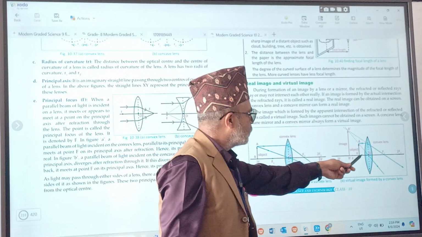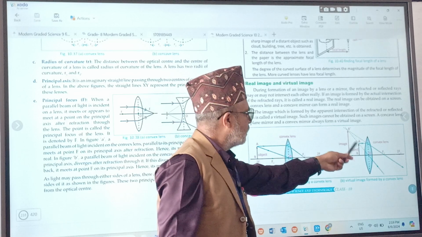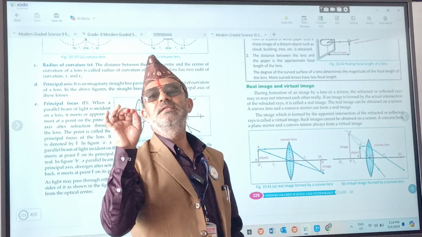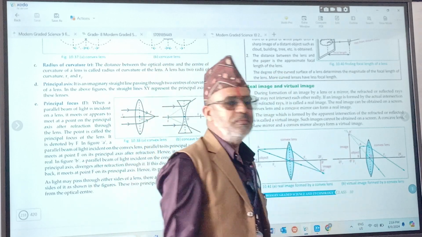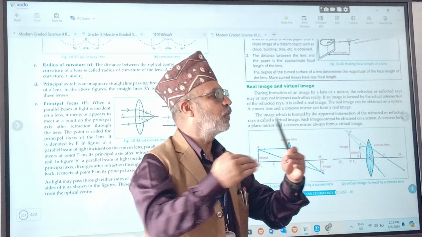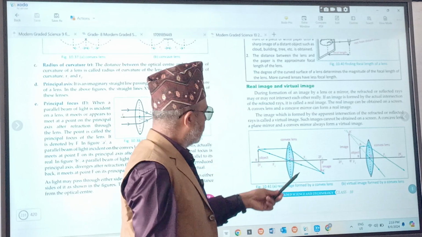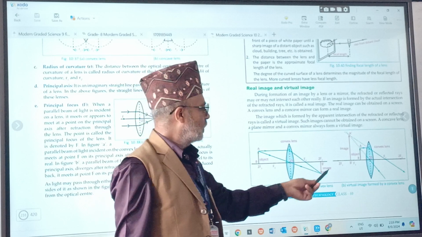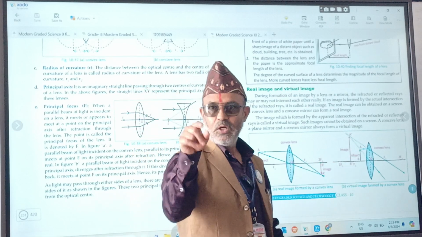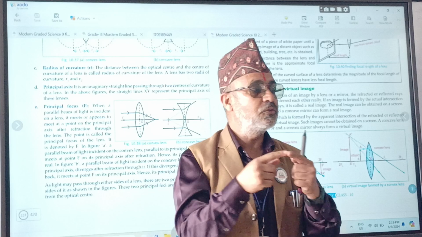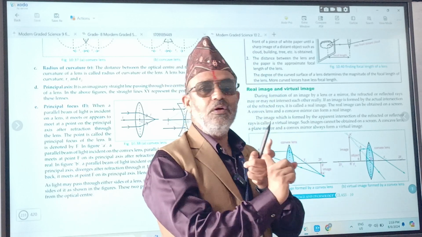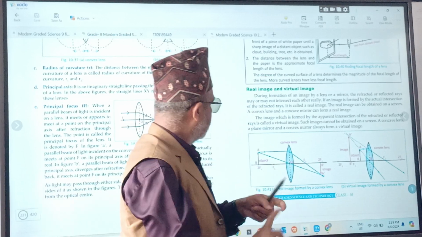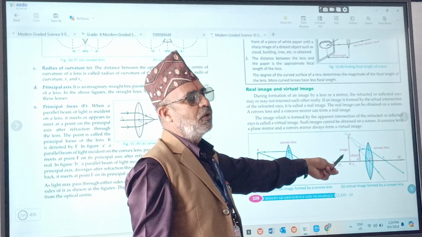Whenever there is a straight line, that means they are meeting actually. But if there is a dotted line, they are not meeting, just produced apparently. So which image is this? Real image. And this? Virtual image. Just check whether the image is formed by actual intersection of refracted or reflected rays. If so, that is real image, otherwise virtual image.